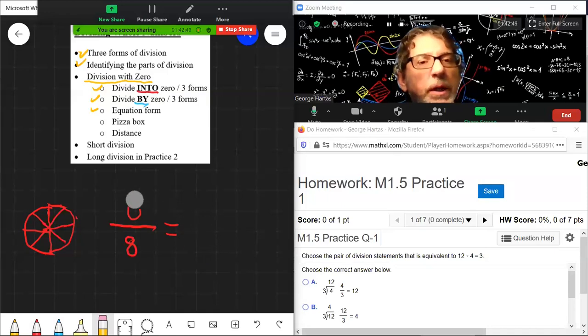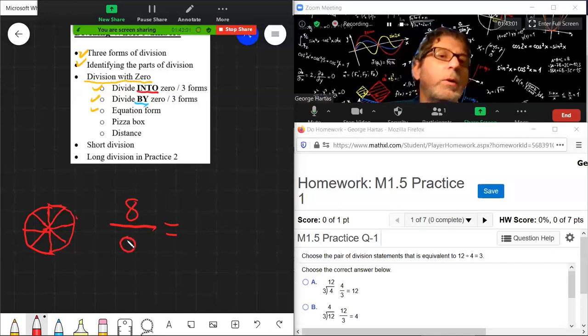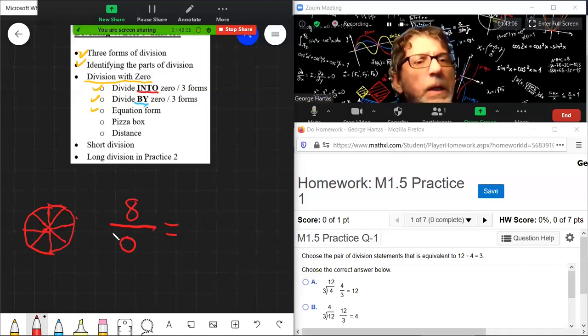Okay. Now, let's try something else. Remember, the fraction is part over the whole. Okay, part over the whole. All right. So, let's see if this makes any kind of sense, actually. We say that there are 8 slices in the box. However, there is no box.